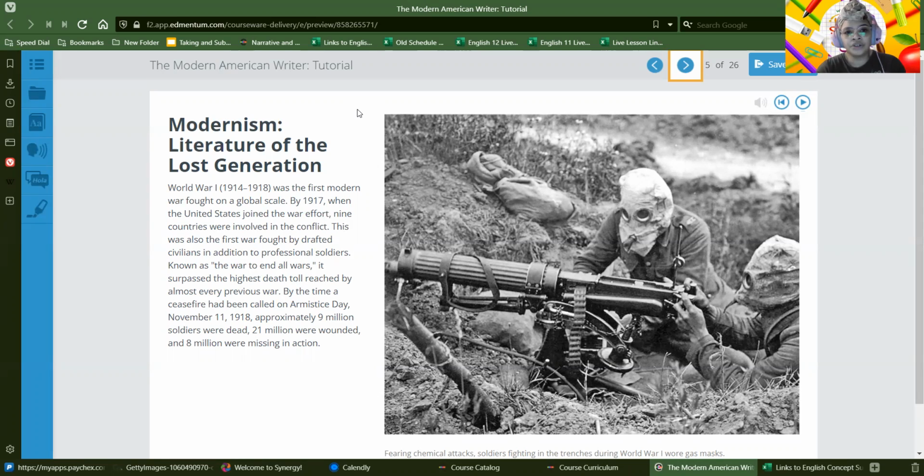So here we start off with modernism. It says literature of the lost generation. Basically this slide and the next one go over the fact that modernism came after the First World War, World War I, and it was a response to realism that existed during that time. It also gives you information about what sort of mood America was in at the time that people were writing in the modernist era.